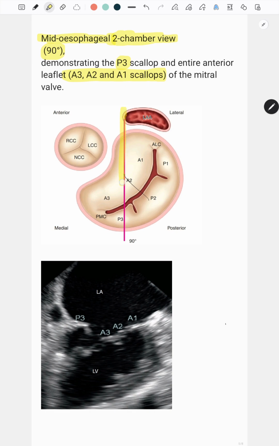So this is A3, A2 and A1 from the coaptation site to the annulus, and P3, which is always close to the circumflex artery and coronary sinus.